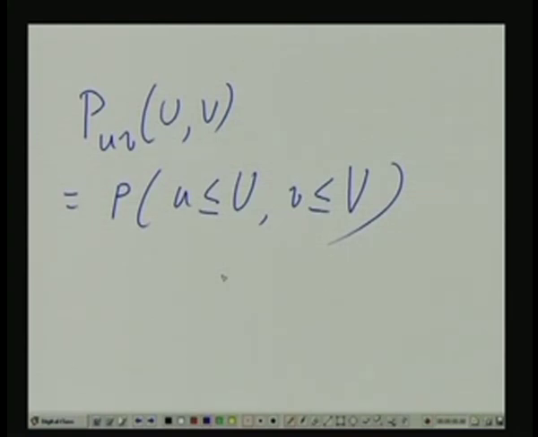Now, u is coming from x. X is a random variable, it can take any value on the real axis, and we have a function g which works on x and gives you u.